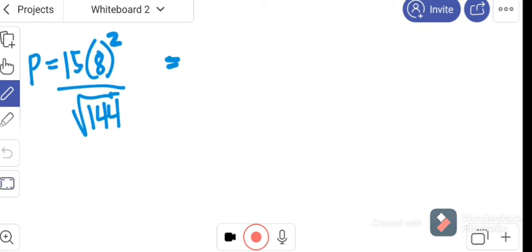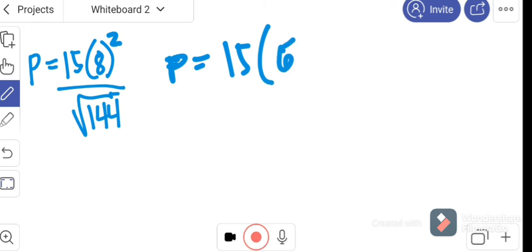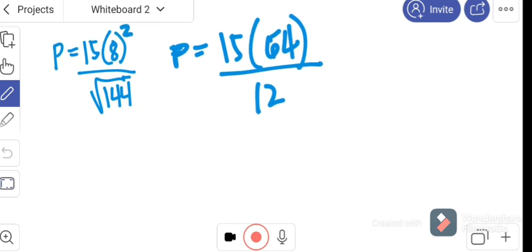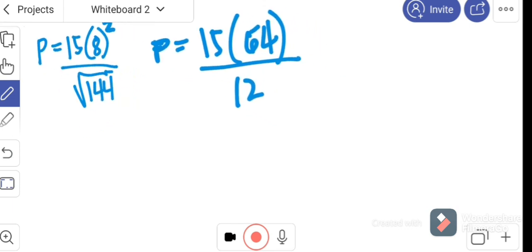So that would be P is equal to 15 times 8 squared is 64 over the square root of 144 is 12. Then we simplify. We may use cancellation. Let's use 15 and 12. Both are divisible by 3. This is 4 and this is 5.